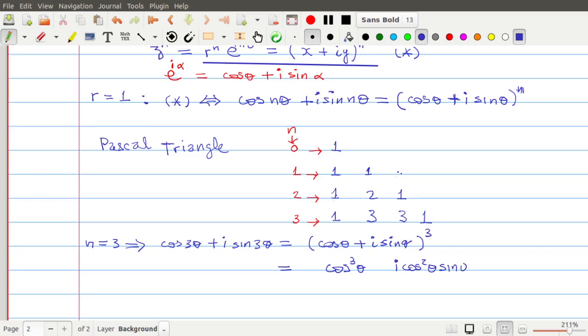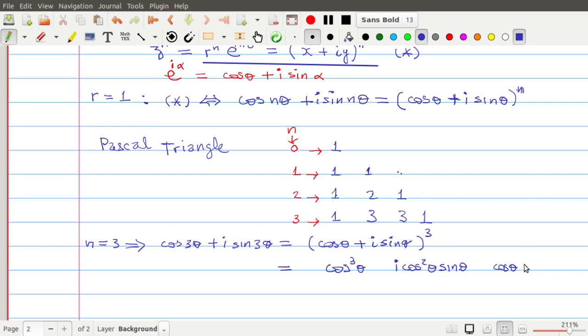Sine theta. So next time we will decrease and increase that one. So if you decrease, next we have cosine theta, because we decrease it, we increase this one. Each time the sum of the exponents will give us 3. Now we have 2 plus 1 is 3. Now here if you bring it to 1, the other one should be 2.